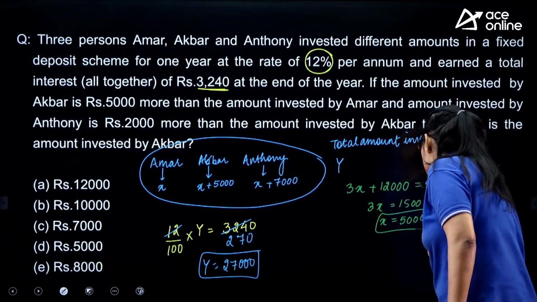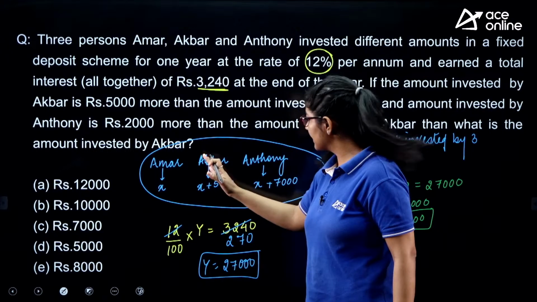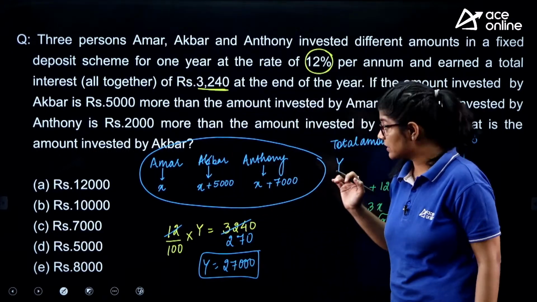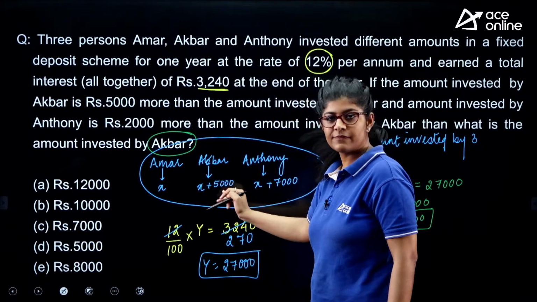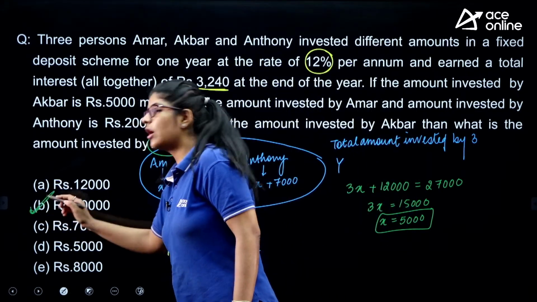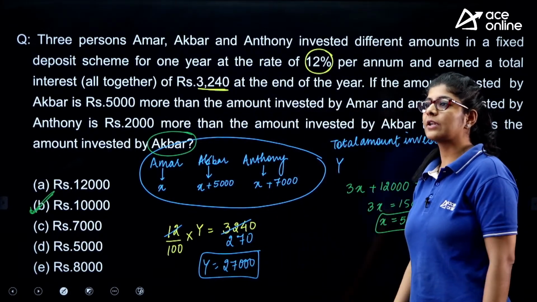By putting the value of x, we can calculate the amount invested by the individuals. We only need Akbar, that is 5,000 plus 5,000, that is 10,000. Option B is the correct one.